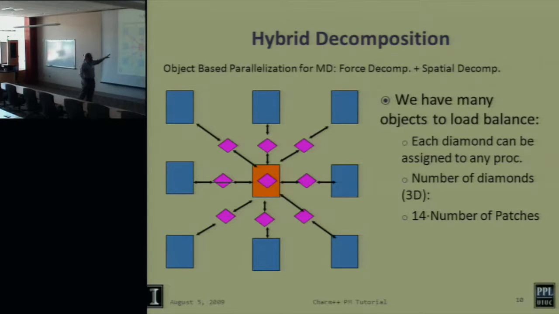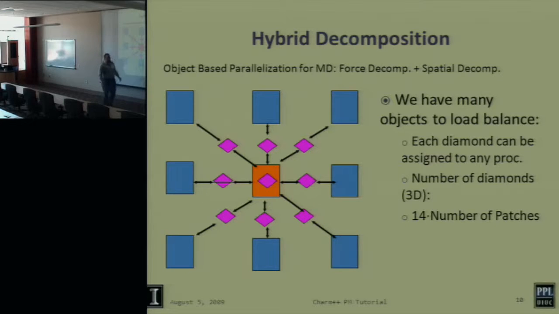In this case, with NAMD, we're looking at a hybrid decomposition where these blue boxes represent decomposing the space of the molecules into what we call patches. Usually these patches will contain a chunk of the molecule.